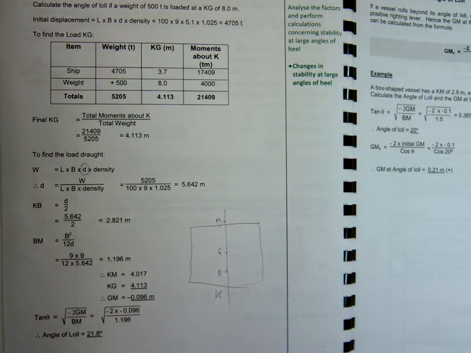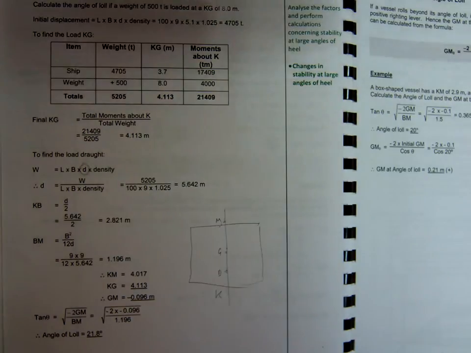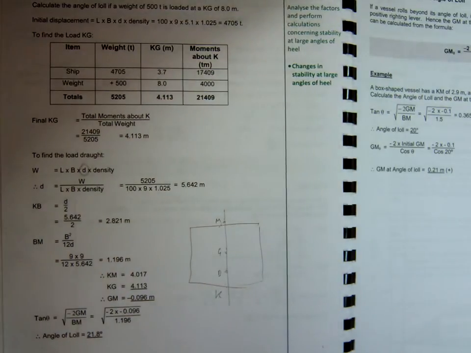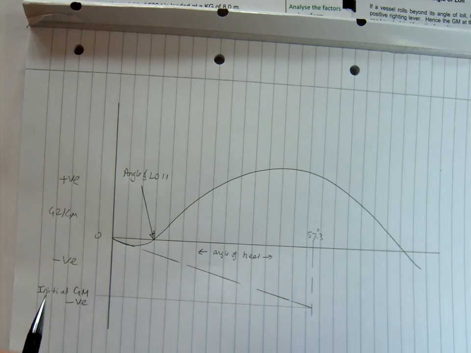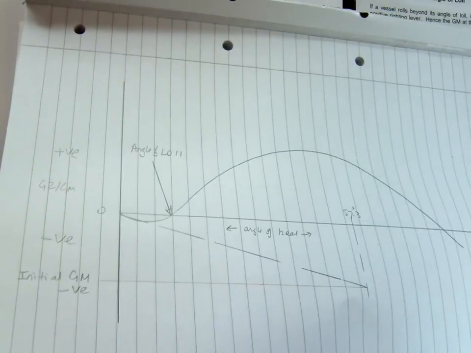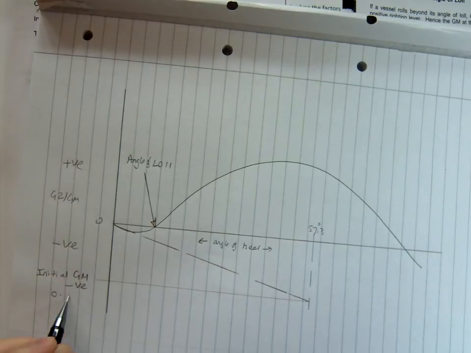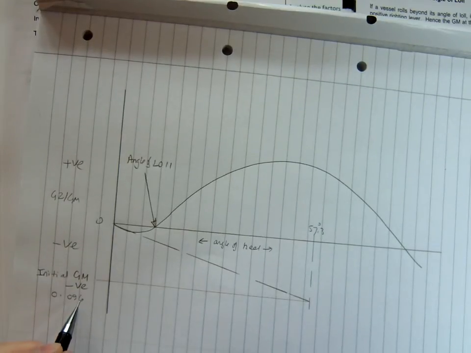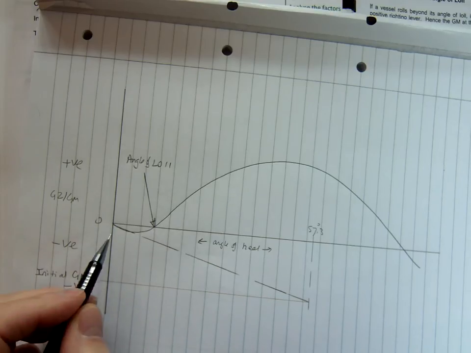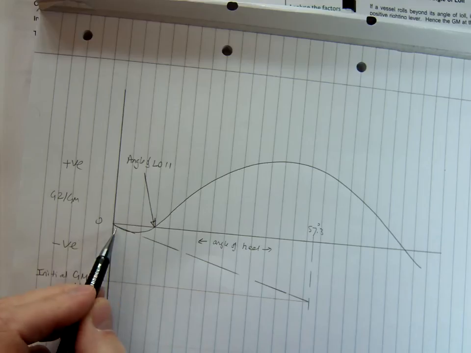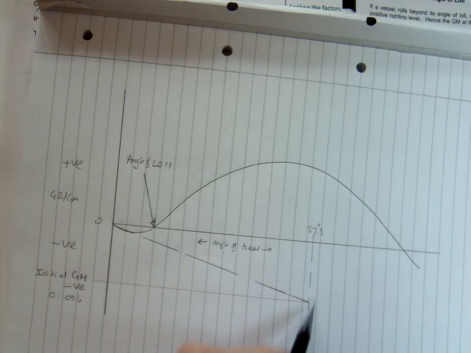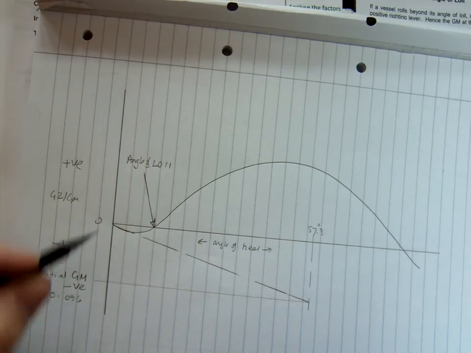So I've done a rough sketch here just to explain what we've done with the actual curve itself. So negative GM initially is 0.096. And there's our curve starting off negative. So our GM is negative, and when we draw the tangent, 57.3 times 0.096.